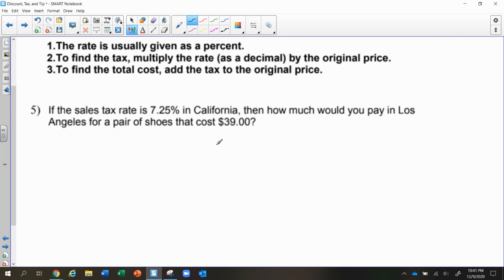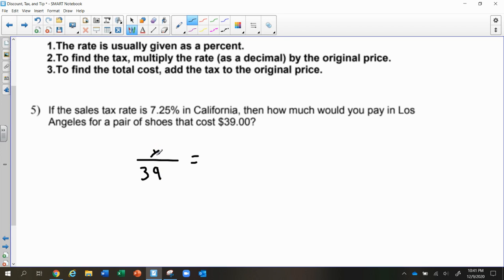So I'm looking for this sales tax, 7.25% in California. Then how much would you pay in Los Angeles, which is in California, for a pair of shoes that costs $39? So the whole cost of the shoes is $39.